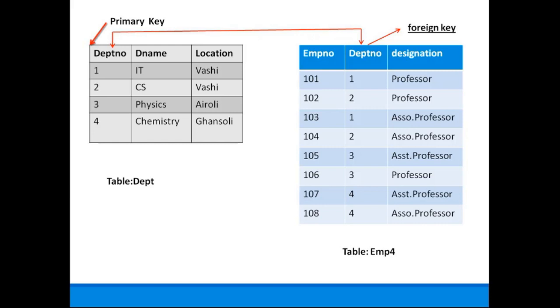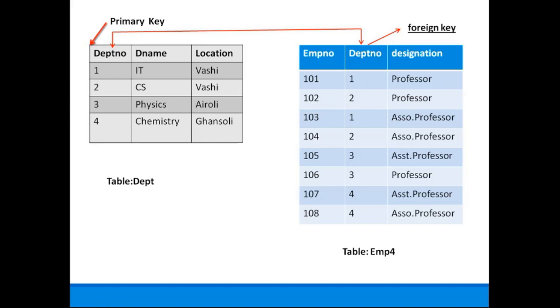So in the department table, department number is unique. Department number is a unique key. There is no repeated value and there is no null value. That's why we assign the department number column as the primary key column.